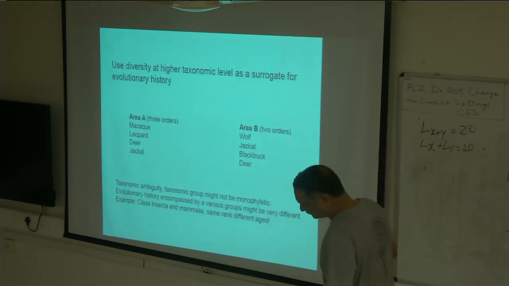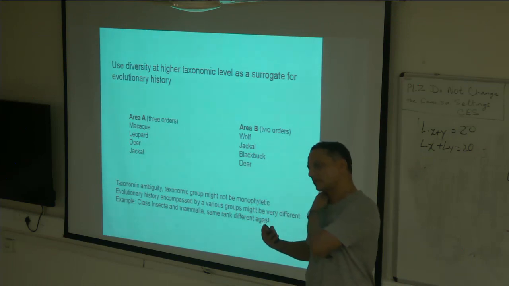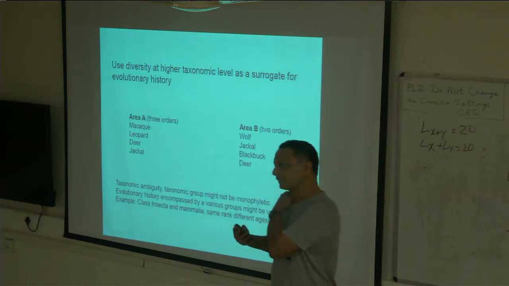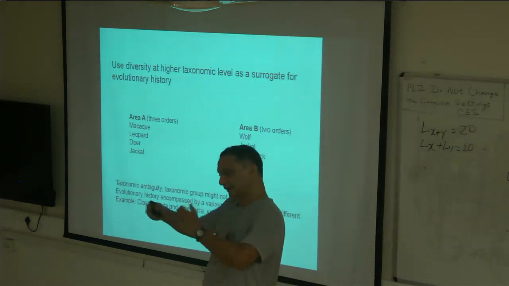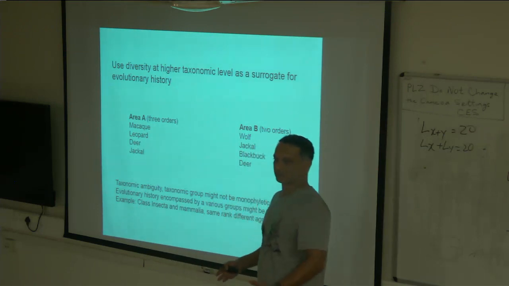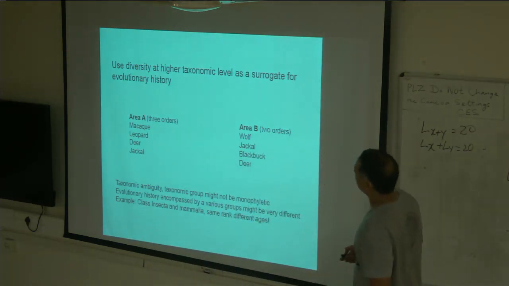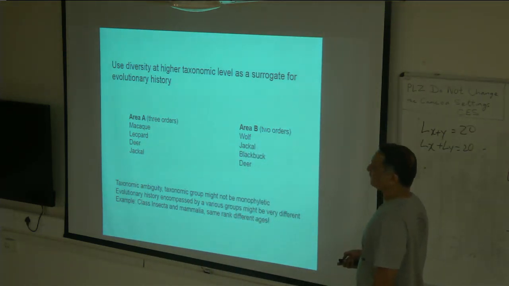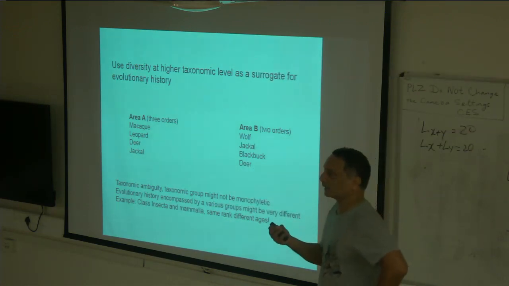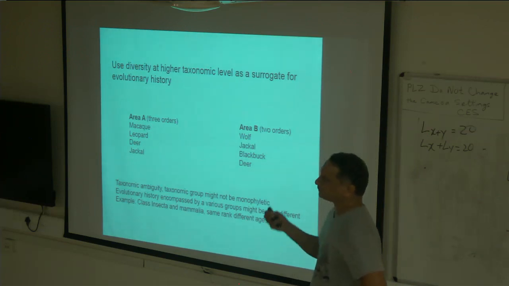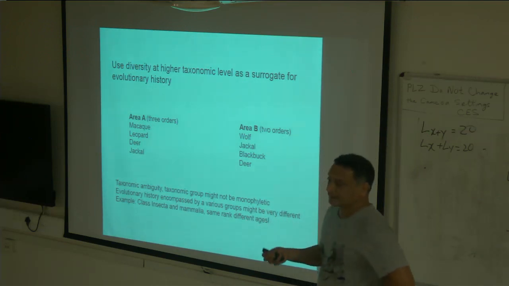Now, people have noted this issue. I mean, it's not like with the advent of phylogenetics, all of a sudden people said, "Oh, this is a problem. We should include more information when it comes to determining diversity."